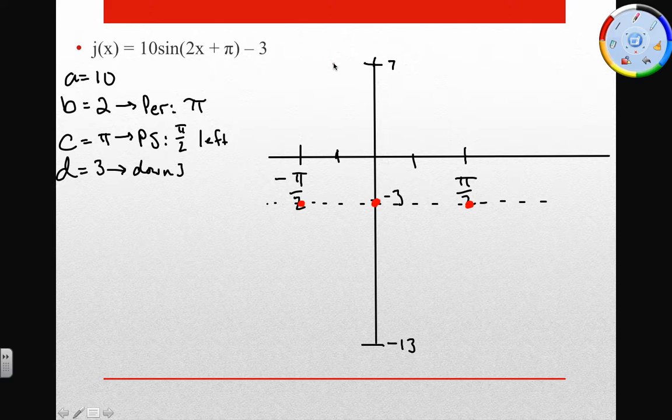And then I'm going to go up 10 and down 10 at each of the quarters, and we should have a very tall, hard to draw, skinny, oops, wow, that was ugly. So I'm not very good at this on the computer, obviously. I'm much better on a whiteboard or a piece of paper. And most of you guys will not be very good to begin with, but that's why we practice.